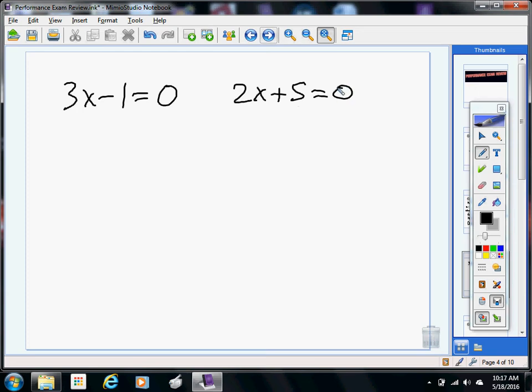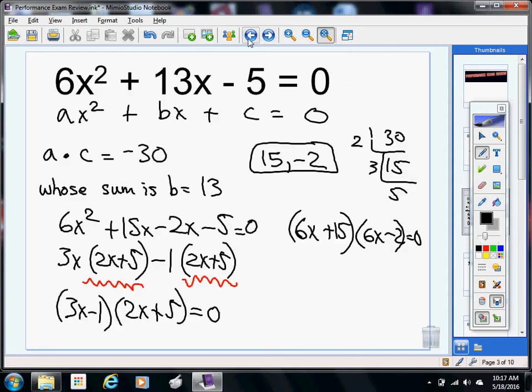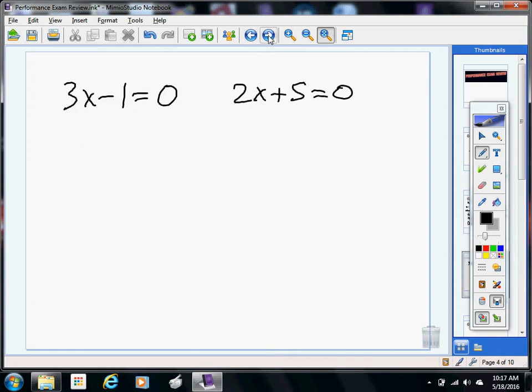I don't know what to tell you other than, look, just get your numbers on one side, variables on the other. If you don't understand how to factor, I get that, guys. Factoring's hard. But what I saw so often was for us to get down here to 3x minus 1 and 2x plus 5, and then set the factors equal to 0 and not know what to do from here down. Guys, from here down should be the part that you walked in the door knowing how to do already.